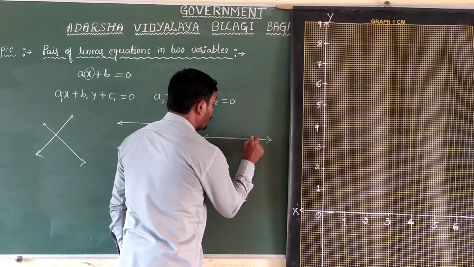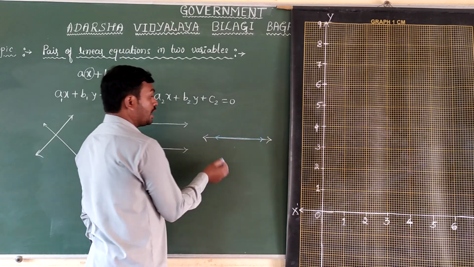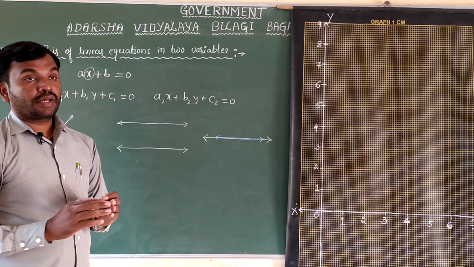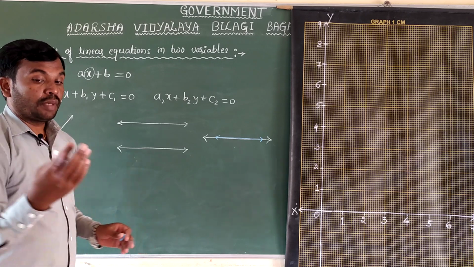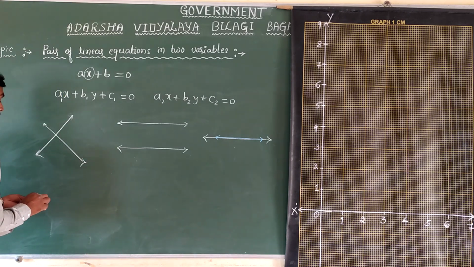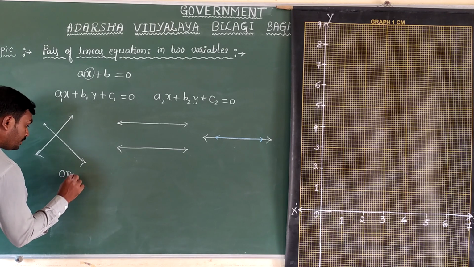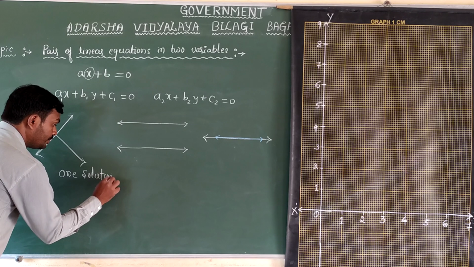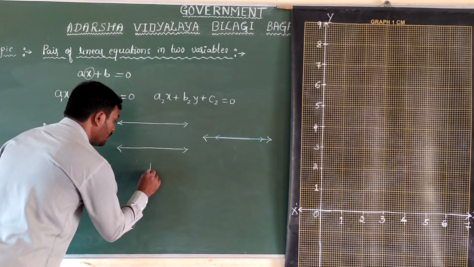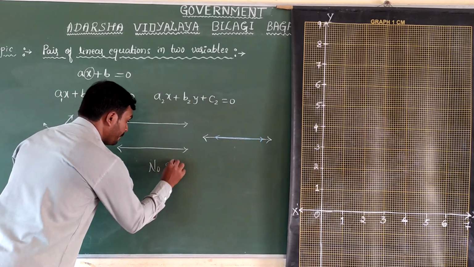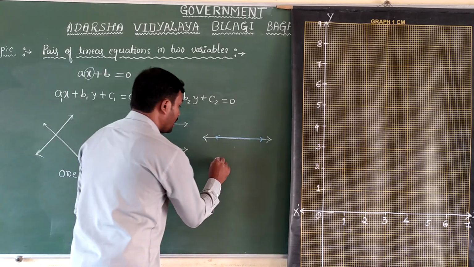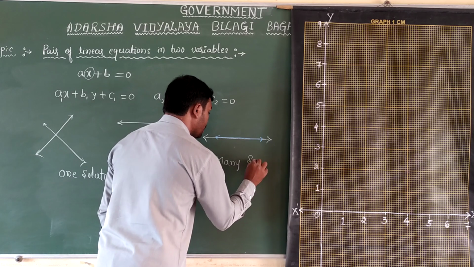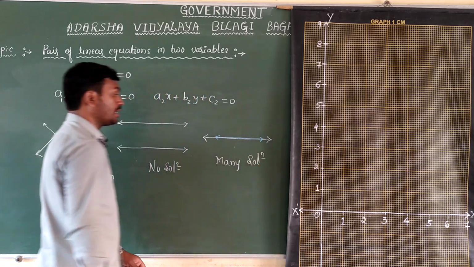If two lines coincide with each other, here if I take one more line, this is the second line, it is coinciding on the first line. So here the pair of linear equations has infinitely many solutions. It means here only one solution, here no solution, here many or infinitely many solutions we can get, children.